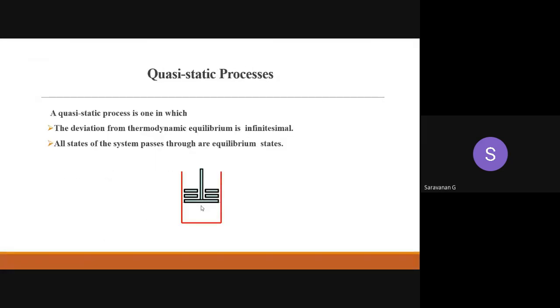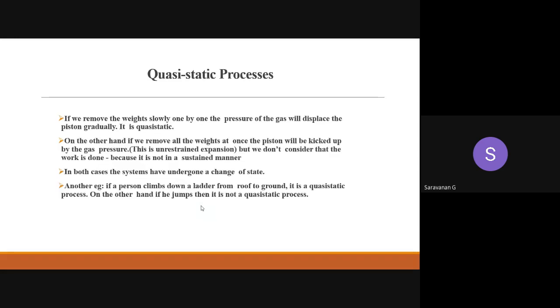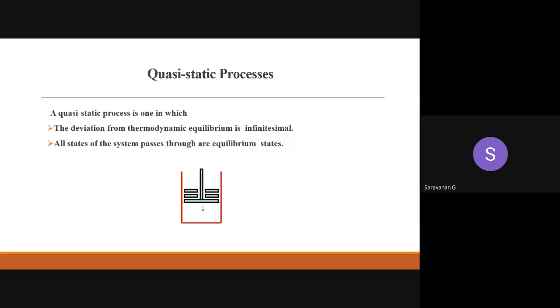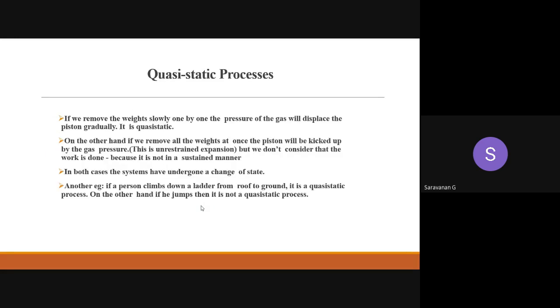Okay, so a quasi-static process is one in which the deviation from thermodynamic equilibrium is infinitesimal, and all the states the system passes through are equilibrium states. You can see the piston and cylinder arrangement in the diagram, a gas filled in the piston cylinder arrangement. That is an example of this QS process. I will explain how. In the piston cylinder system, we load a number of weights.